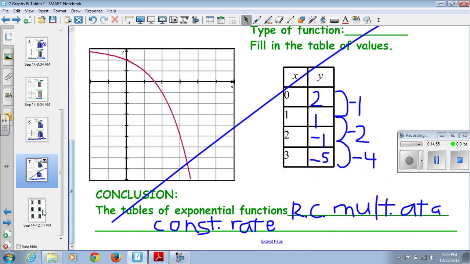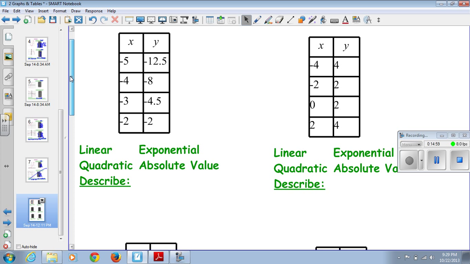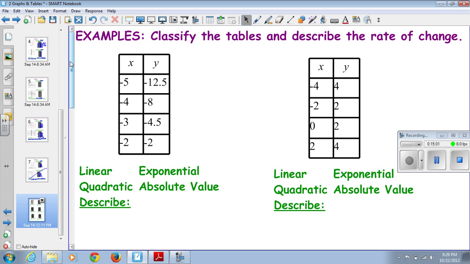So the last page I have to scroll down to show you all of them. If you want to pause and try this on your own, please do so. I'm going to keep going and give the answers here. This first table shows a quadratic relationship, because in this one, the rate of change changes by 1 every time.